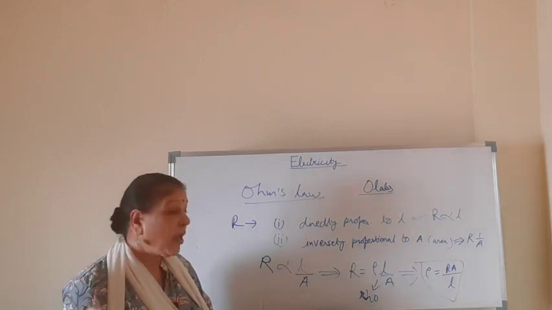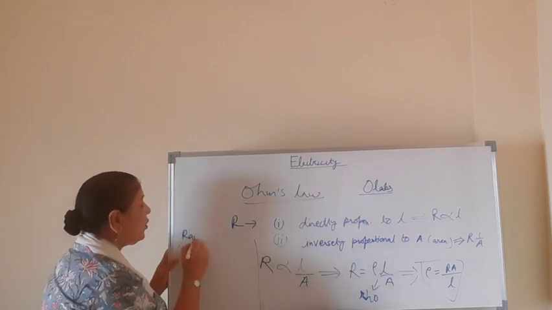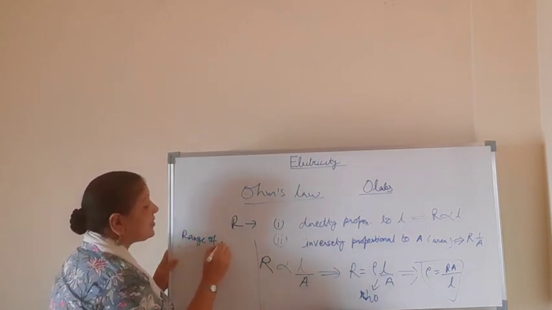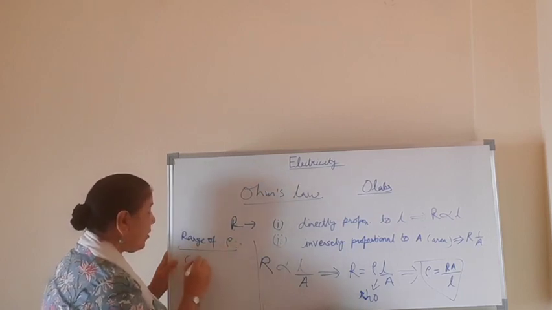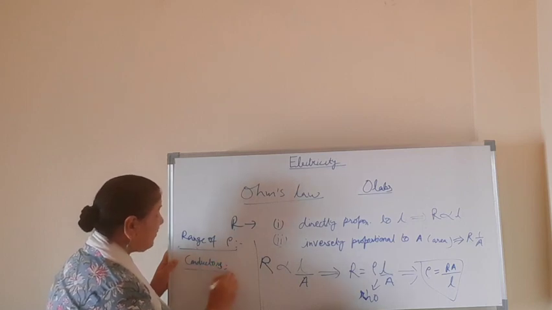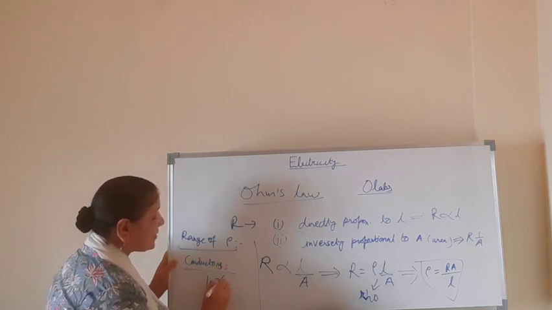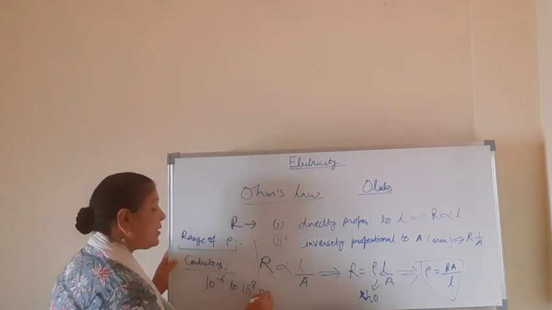What is the range of resistivity? The range of rho for conductors or for alloys is from 10 to the power minus 6 to 10 to the power minus 8. Its unit is ohm meter.